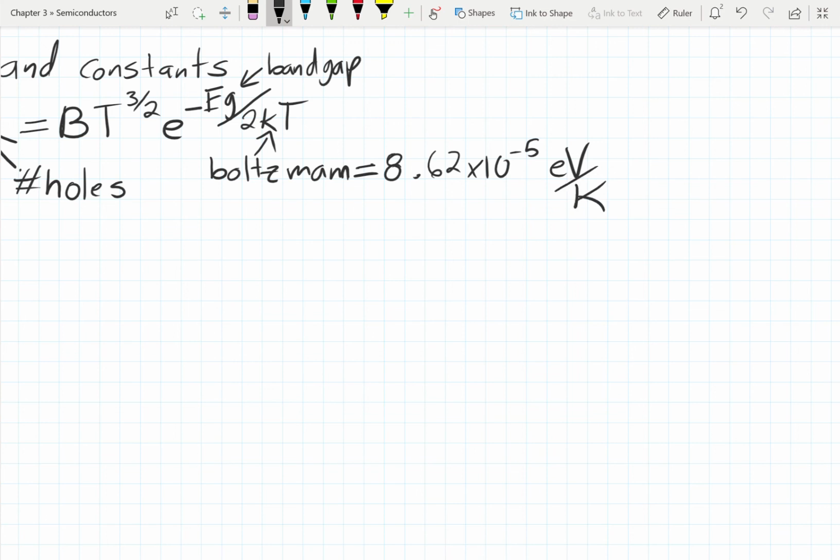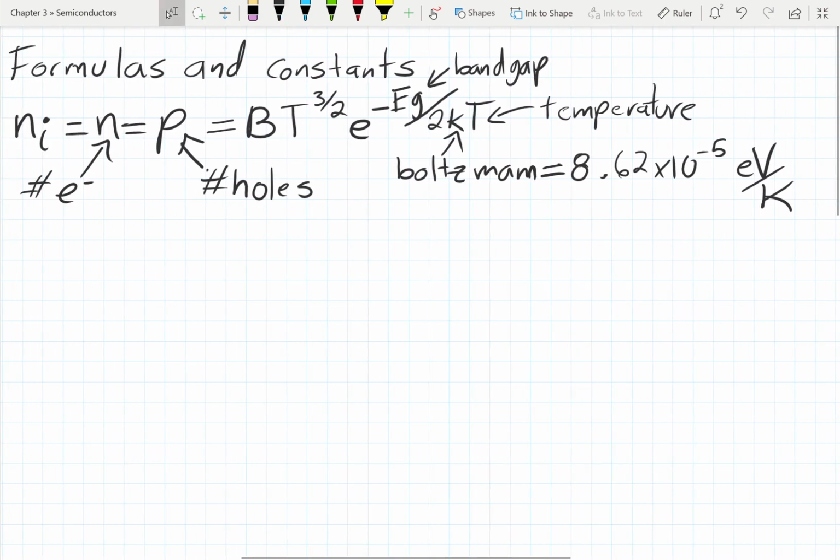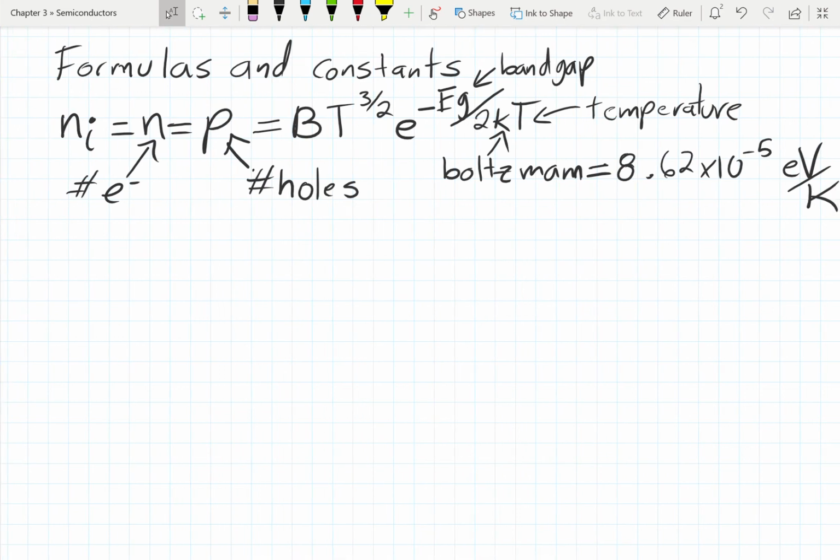I'm going to talk a little bit about electron volts afterwards, and this T right here is just temperature. And this is how you get the number of carriers that you have in an intrinsic silicon, which is this Ni.